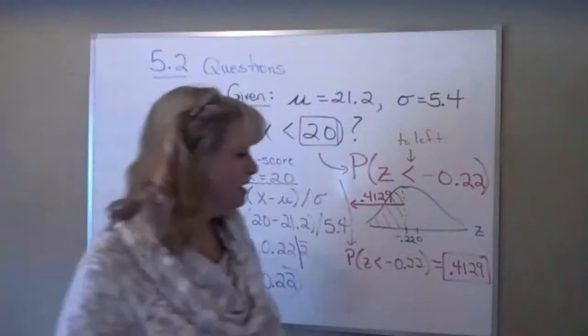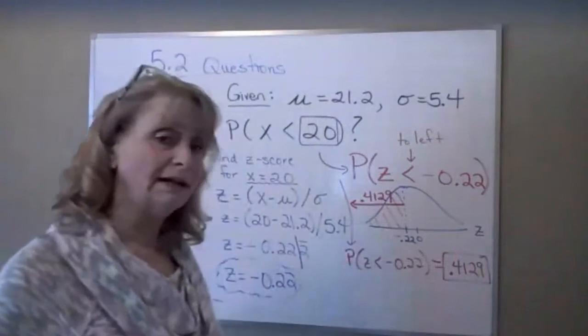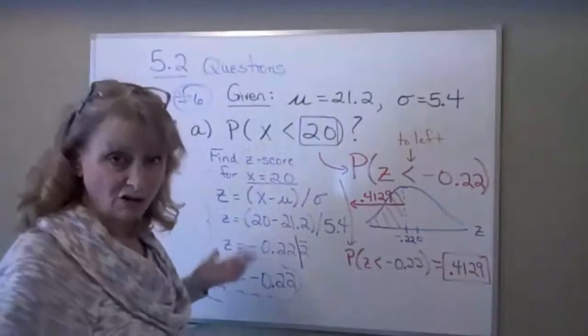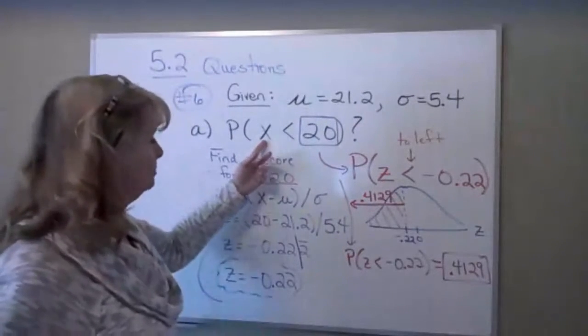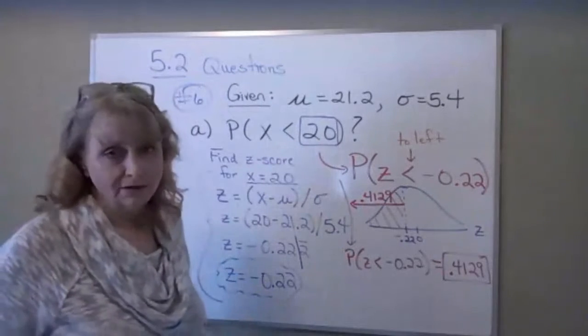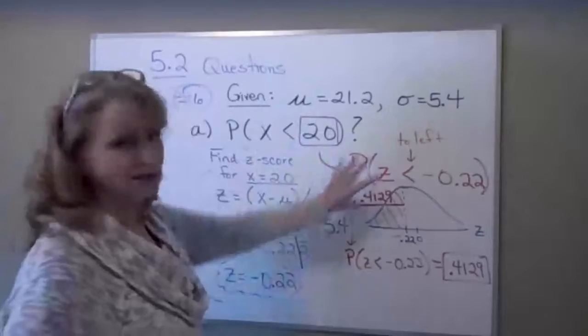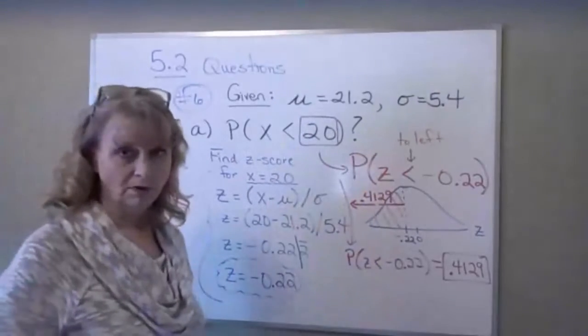So about 41% probability that a randomly selected test score student would be less than 20. That's what we just found out. But to answer that question, we had to find the z-score so we could use the table.